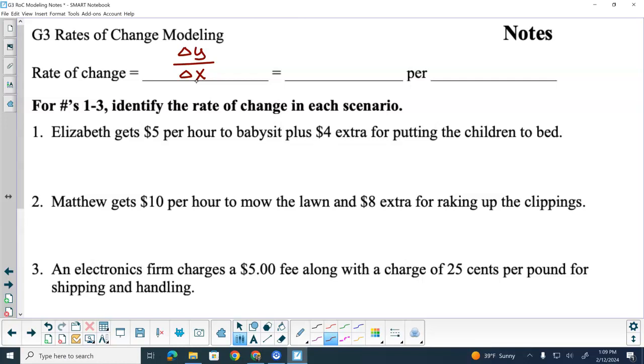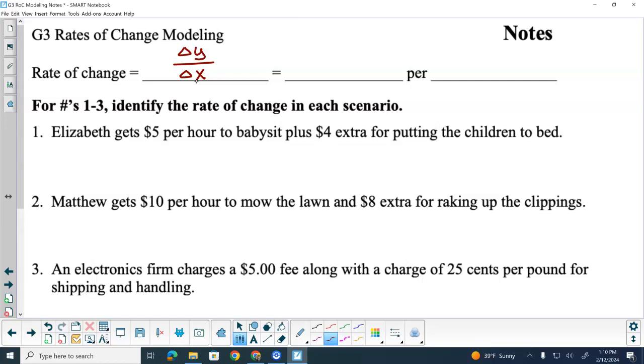Now, what does delta y mean? What are we finding when we find the rate of change? The change in y. So delta y means the change in y, right?